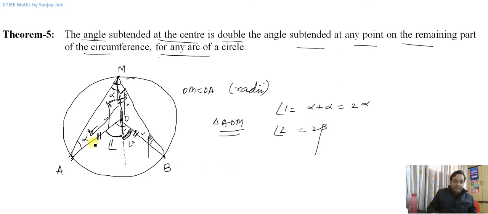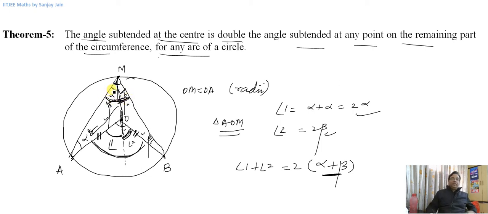And if I collectively look at this angle, this is an angle subtended at the center. So angle 1 plus angle 2 is nothing but twice alpha plus twice beta, that is twice of alpha plus beta. And what is alpha plus beta? Alpha plus beta is the angle subtended at the circumference of the remaining part of the circle. That is, this angle here, which is angle 1 plus angle 2, is double of this angle here, which is alpha plus beta.